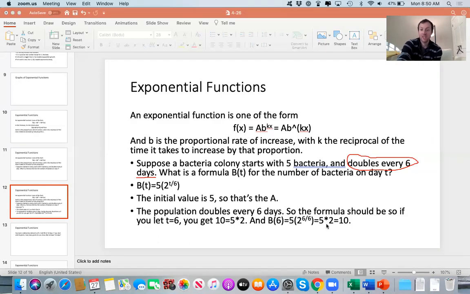That gives us our extra factor of 2 times the 5 we started with to get the 10 that we were expecting. So that's the reciprocal of the time it takes to increase by that proportion. You have the doubling time, doubling every 6 days, and we want to divide by that. When we put in that doubling time, we get exactly an extra factor of 2, which is exactly the doubling that we want.